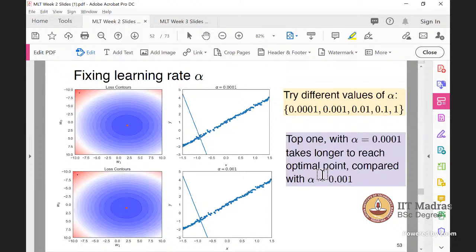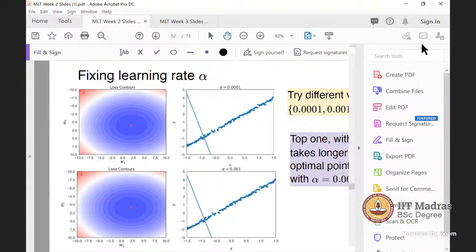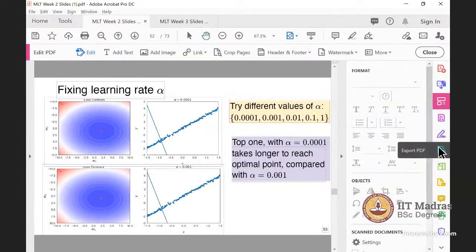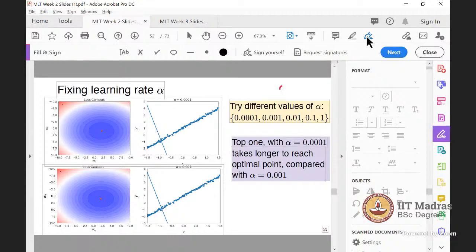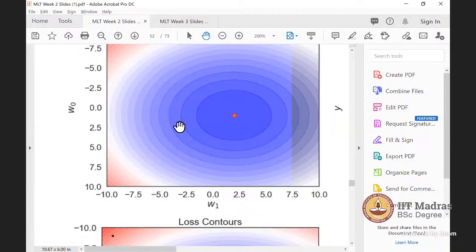So this was an animation. Let me increase the font, yes, I think this should be clear.